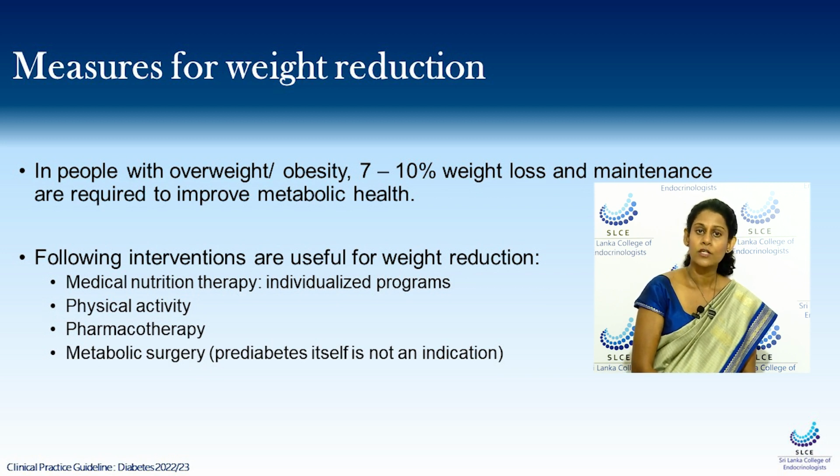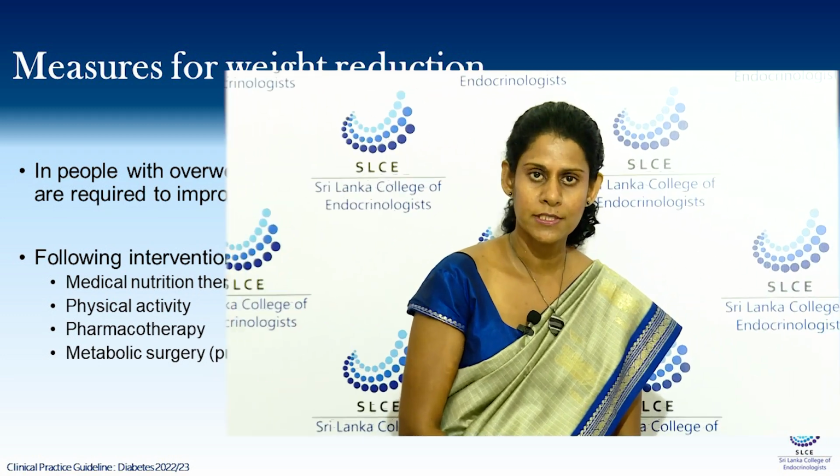The following interventions are useful for weight reduction. Medical nutrition therapy, and this should be individualized from patient to patient. It is important to focus on physical activity, pharmacotherapy, and metabolic surgery. Prediabetes, however, itself is not an indication for a patient to undergo metabolic surgery.